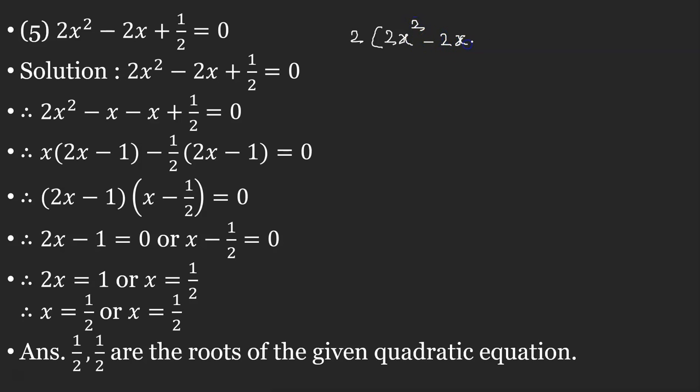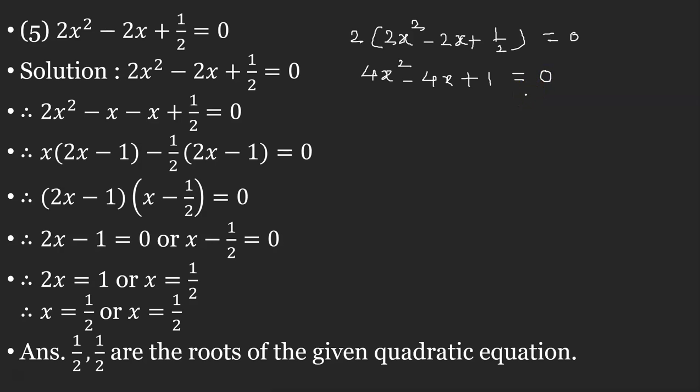Okay, see this here. If we multiply the whole equation by 2, that is here 2x square minus 2x plus 1 upon 2, and that's equal to 0. That is 2 into 2x square, here you will get 4x square. 2 into minus 2x, here you will get minus 4x, and the last is plus 1, and that's equal to 0.